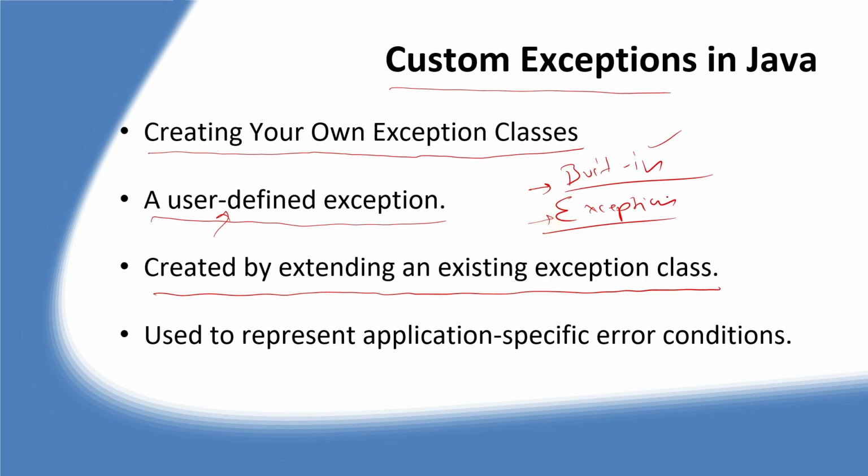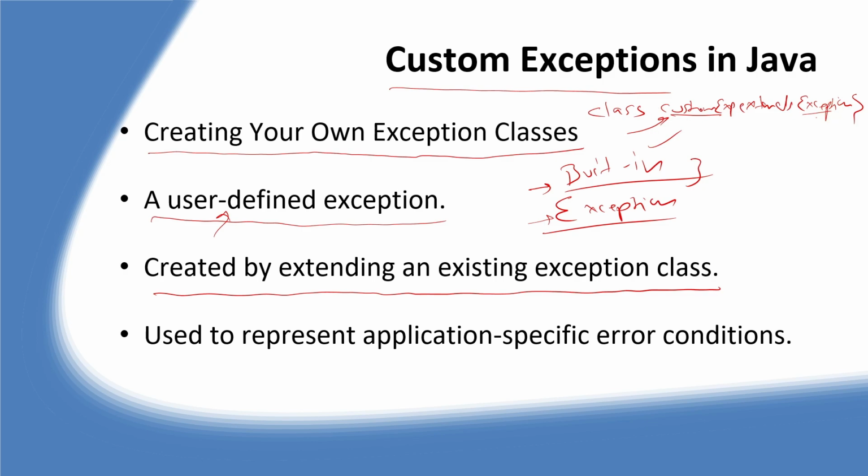So I can create a class, let's say CustomException, which extends Exception. Exception is the parent class and this is the child class, CustomException. So I am creating a child class, where the parent is Exception and the child class name is CustomException.